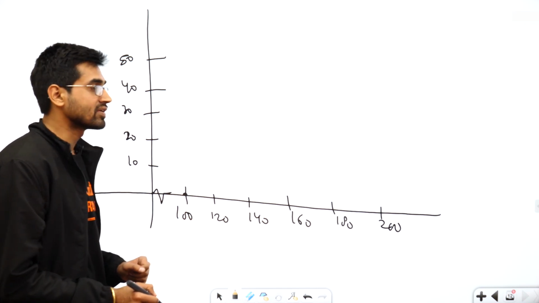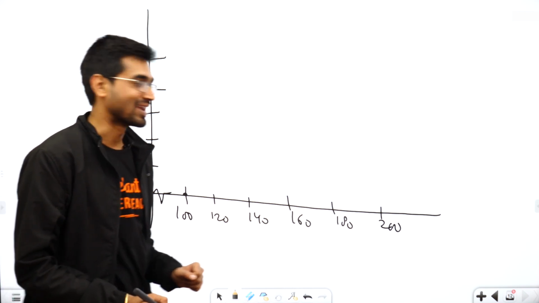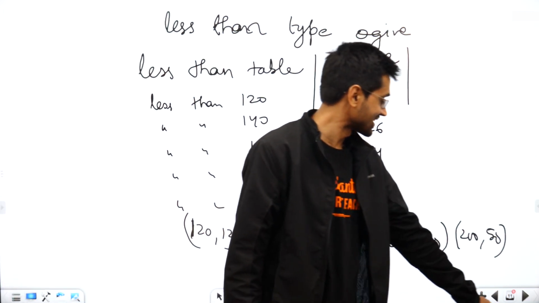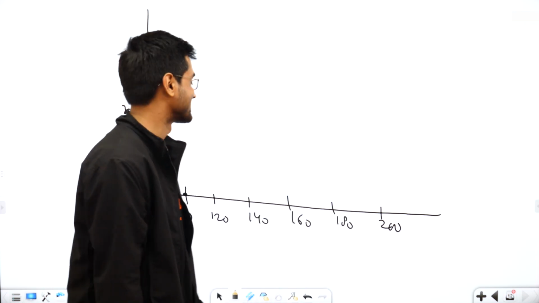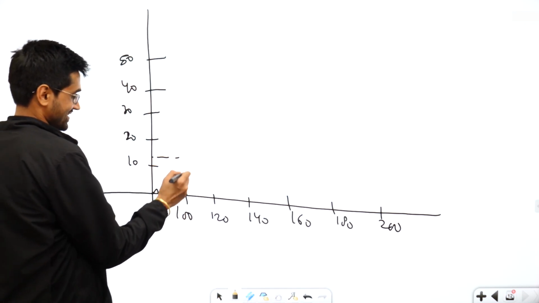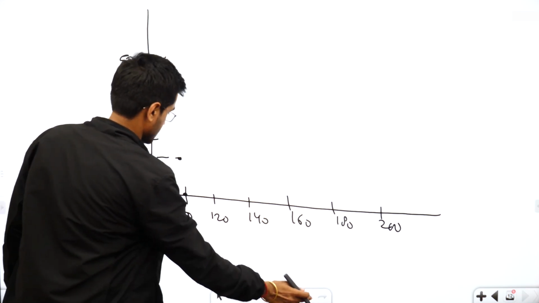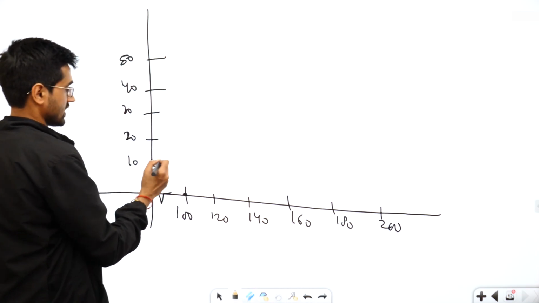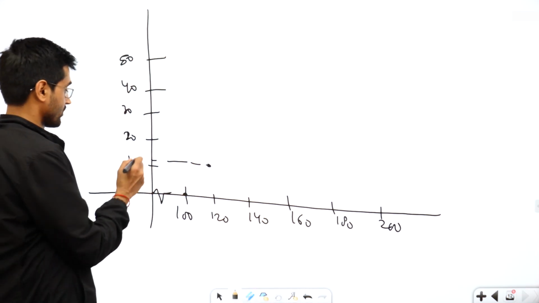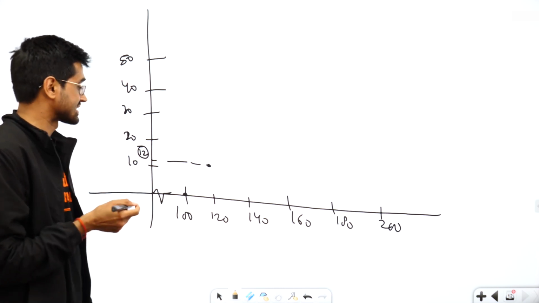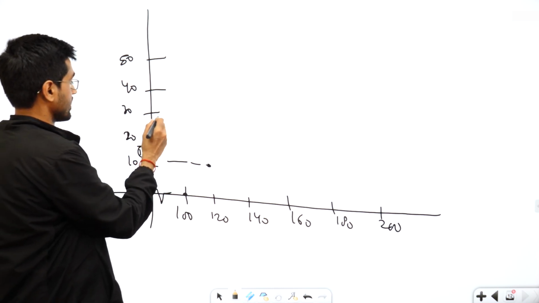Less than 120, I forgot the value. What was it? 12, 26, 34, 40, 50. Why are you forgetting it? 12, so it is 12 here somewhere. Mark it. Then 26, so it is 26 somewhere here.